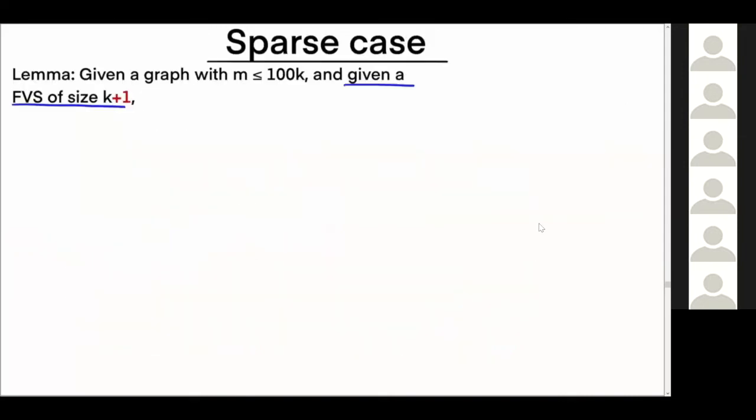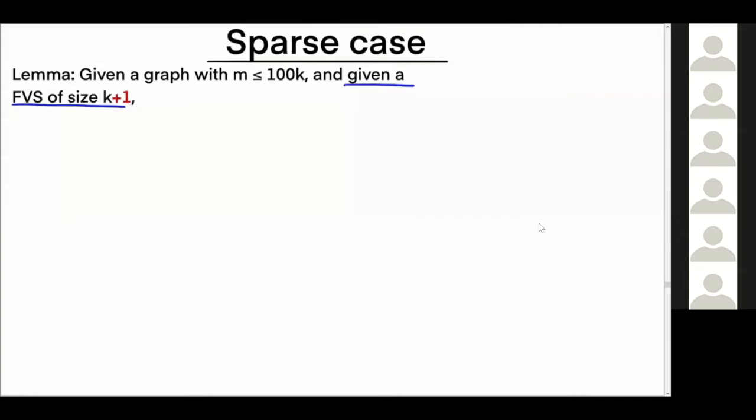So why does it help us? This will be the most technically advanced slide of the talk. We'll essentially go over the sparse case in a single slide. So the slide will be kind of dense, but hopefully it's not too complicated.